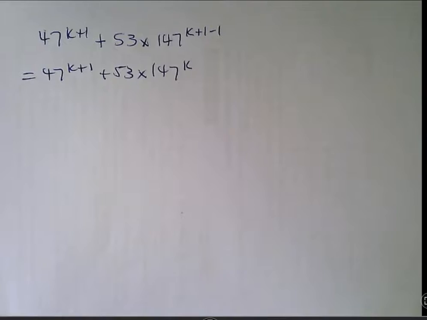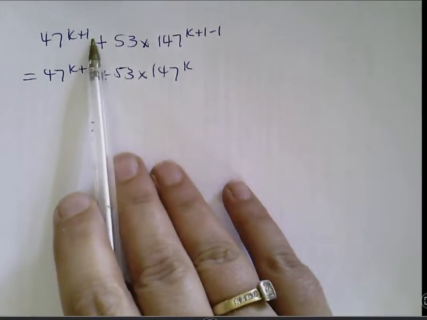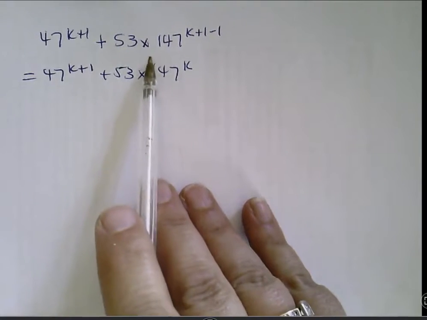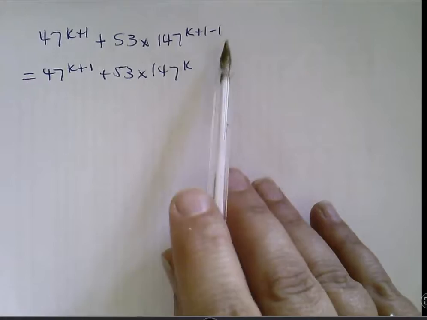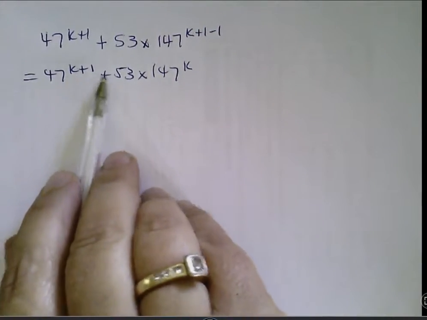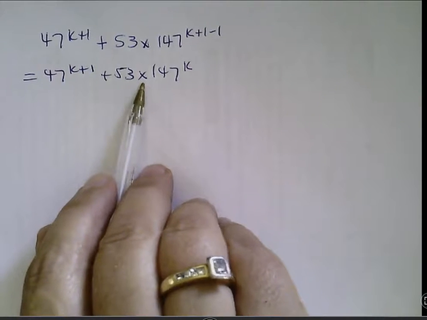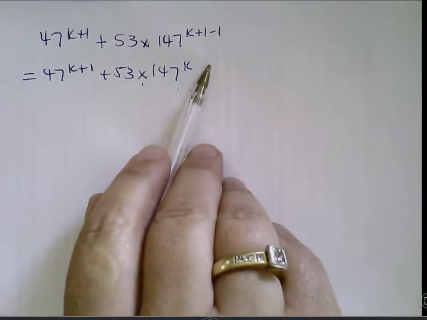Just doing this an alternative way for step 3, you have to prove that 47 to the power of k plus 1 plus 53 times 147 to the k plus 1 minus 1 is divisible by 100, okay? So that is equal to 47 to the power of k plus 1 plus 53 times 147 to the power of k.